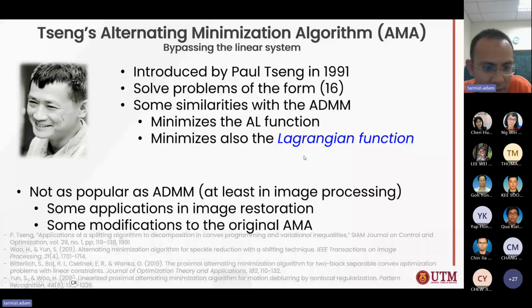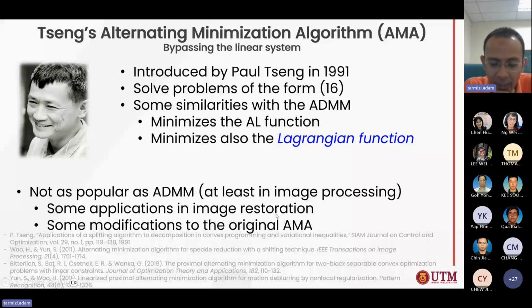At least in image processing, this algorithm is not very popular compared to ADMM. If you look around in Google Scholar, there are not more than 20 papers that use this AMA for image processing. Very few.